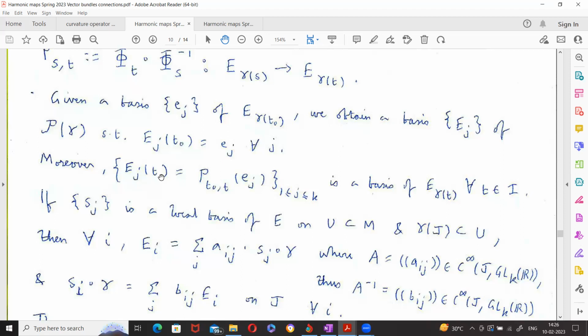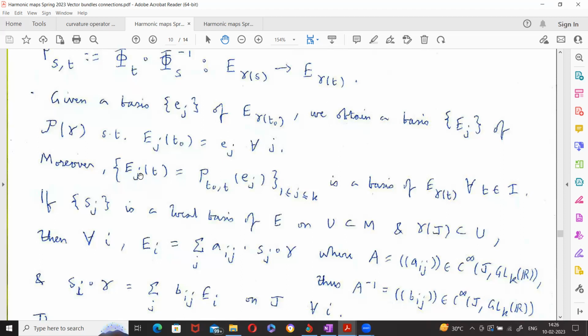A priori, it's not obvious. I know that pointwise I can write any vector in the fiber as a linear combination of these basis elements E_j of t. But I also want to say that if sigma is a smooth section along gamma, then the coefficients of sigma with respect to E_j are going to be smooth functions.